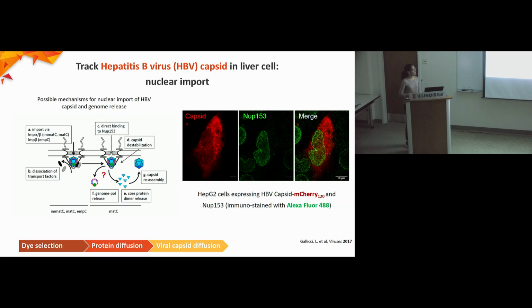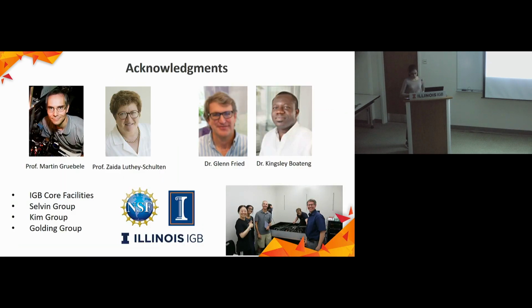We already have expressed the capsid with mCherry in the HepG2 cells, and we can label the nuclear pore complex by immunostaining, and look at the system using MINFLUX for diffusion.